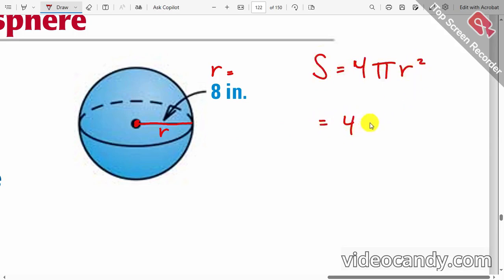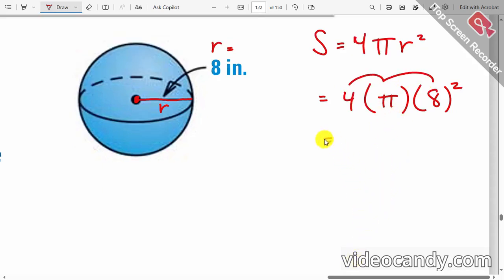That's going to equal 4 times pi times r squared, which is going to be 8 squared. Just use the pi key on your calculator: 4 times pi times 8 squared. If you don't have a pi key, use 3.14.